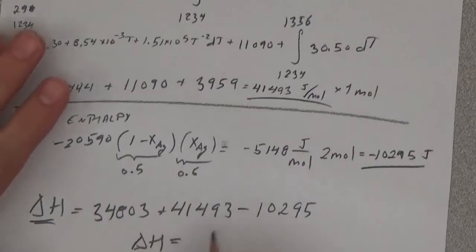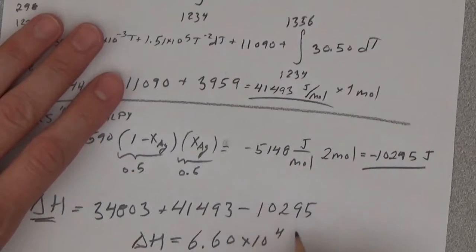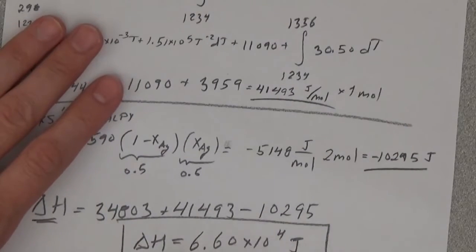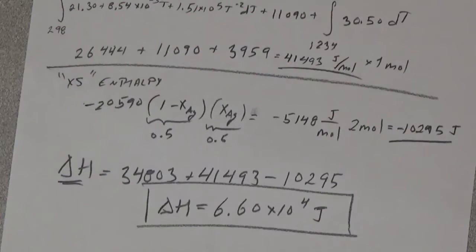Delta H is equal to 6.60 times 10 to the 4 joule. And that is the heat required to form a liquid solution of 1 mole of copper and 1 mole of silver at 1356 K, starting from solid constituents at 298 K.